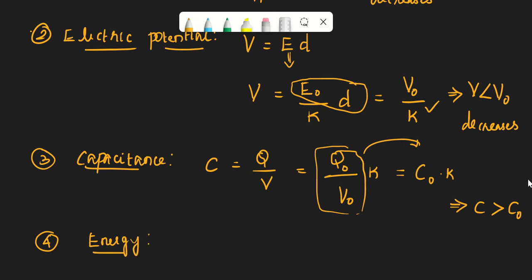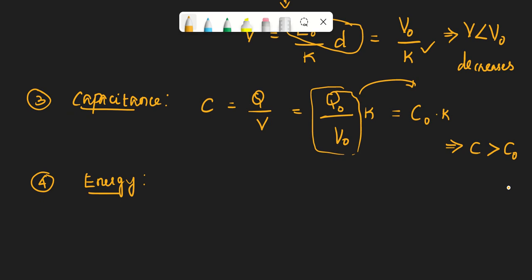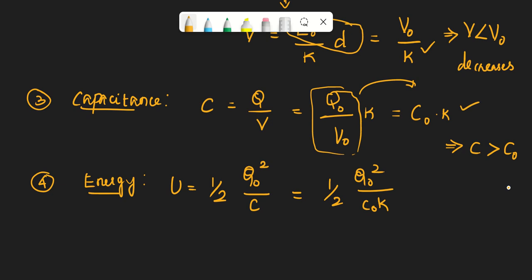We know the formula U equals half Q0 squared, because the charge remains the same after inserting the dielectric, divided by C. Now instead of C, I have to write C0 K. So now if you see, U is equal to U0 divided by K, because this will become U0 and then divided by K will be there.